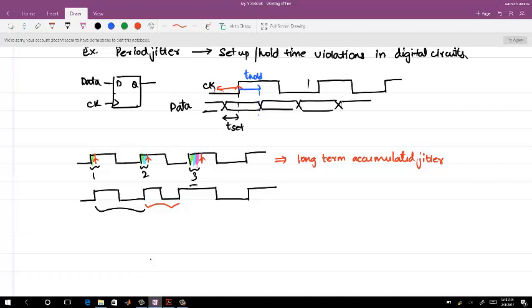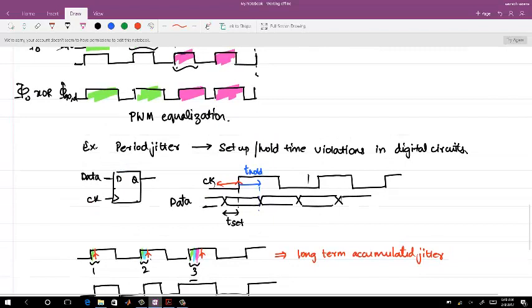Whereas the long term absolute jitter is the absolute time changing in the system, and for that I gave the example of a clock and data recovery loop. If you keep on shifting the clock and you're looking for a bit at a rate of 10 to the power minus 12, you will surely hit that thing.